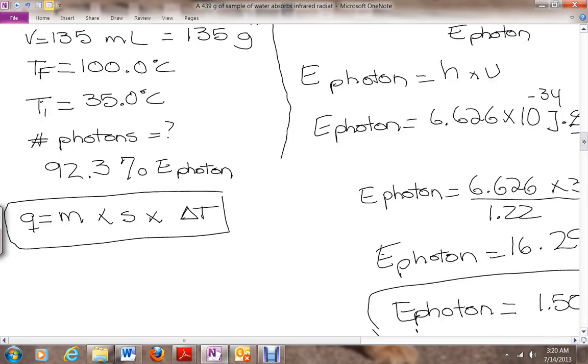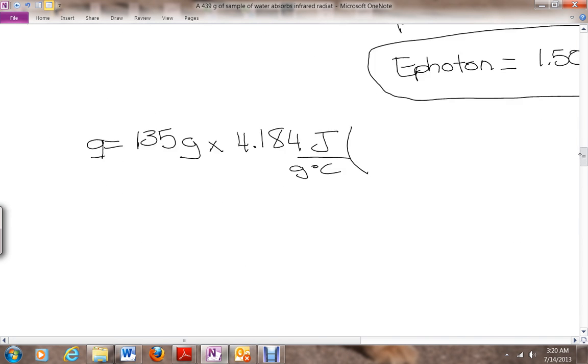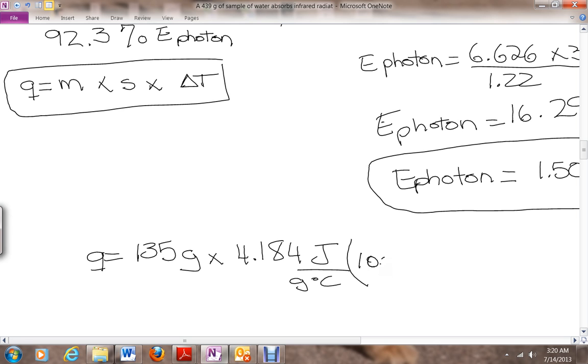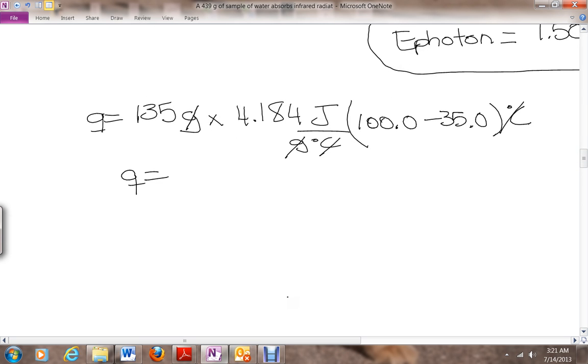The final temperature would be 100.0 and the initial 35.0, that's the change in the temperature of the water, all in degrees Celsius. So degrees, grams, and grams cancel. I did the calculation already, and it gives me 36,714 joules, and I'm going to leave it in joules.